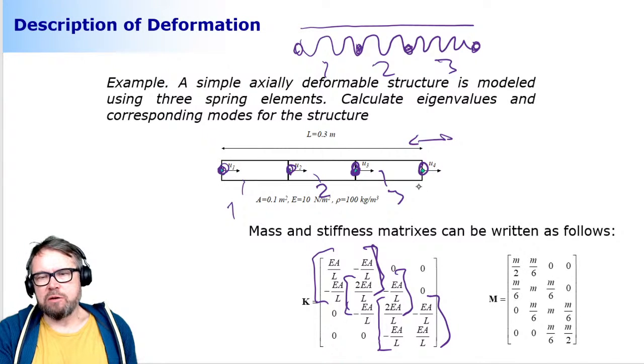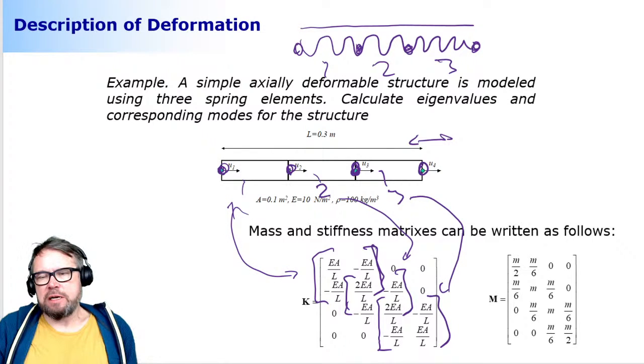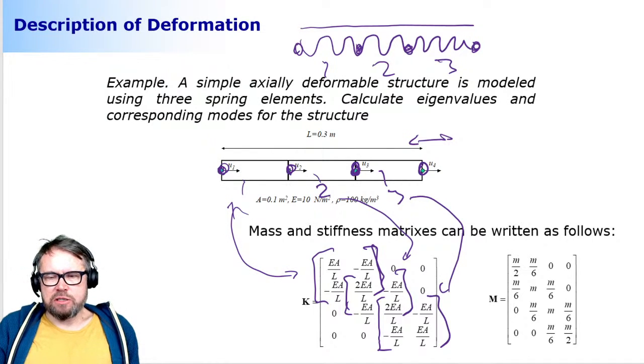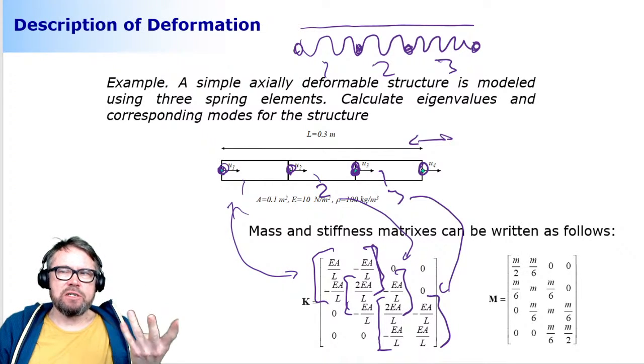And here is where my third element is expressed. This is the overlapping that I mentioned briefly earlier today. Now this is my entire stiffness matrix, and look at how many degrees of freedom: 4 degrees of freedom. So if I conduct the eigenvalue analysis for this structure, I would get 4 different ways that the structure can move, and 4 different natural frequencies.